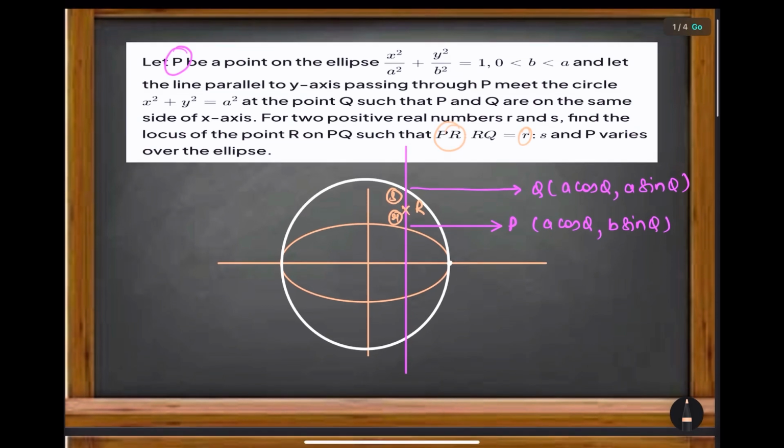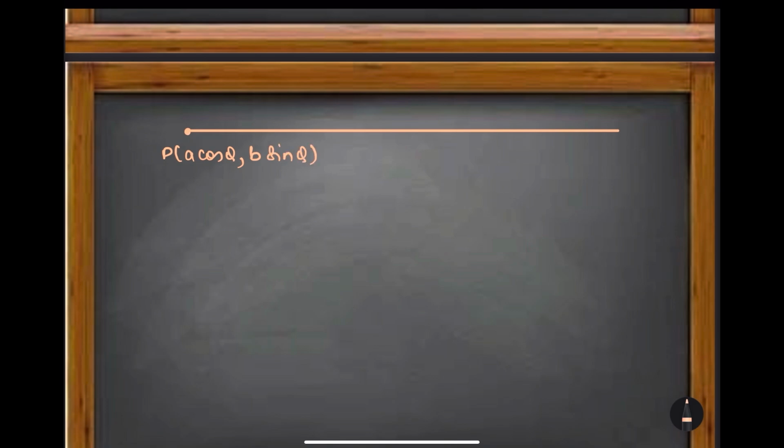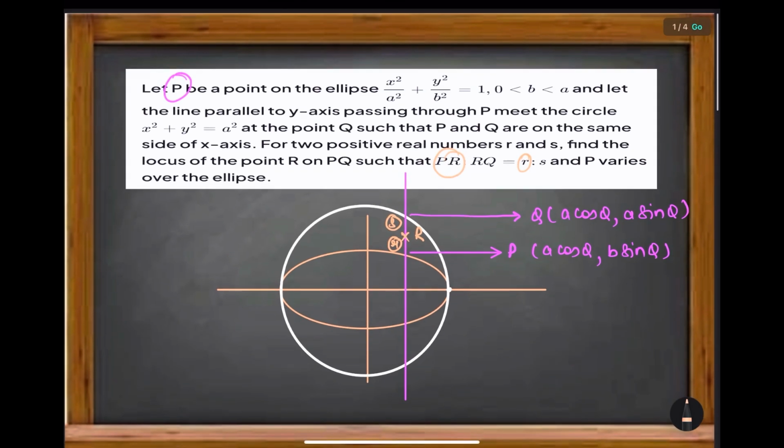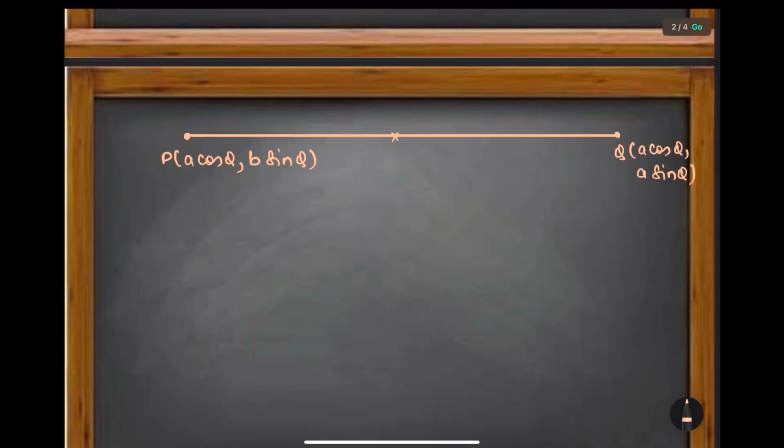Now look at this. Let's write down those things one more time. P was (a cos theta, b sin theta). Then Q was (a cos theta, a sin theta), and we have to find the locus of point R. R is somewhere here. We will take that as (h, k), which is dividing in the ratio r:s.